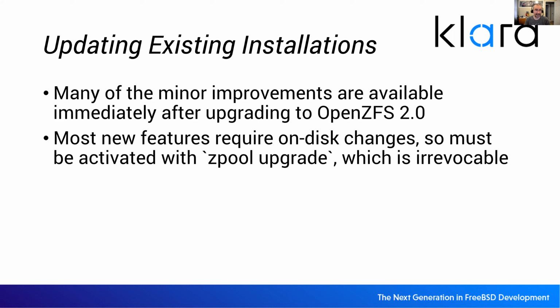But one best practice that you might want to consider is, before doing a zpool upgrade, you can create what's called a checkpoint. So a zpool checkpoint is kind of like a snapshot, but it's for the entire pool. So it actually keeps the uberblock from the time of that checkpoint in a special location and disables all overwriting or freeing.